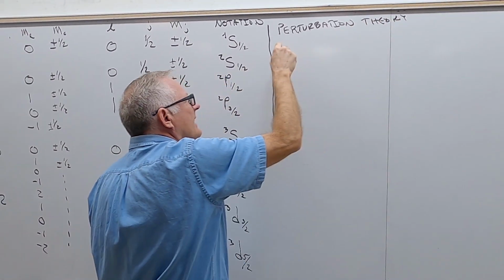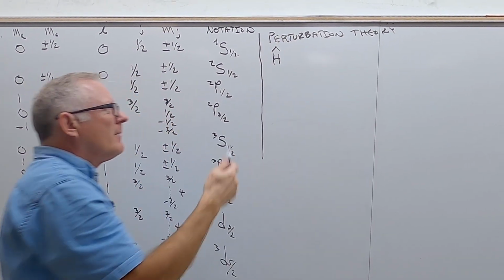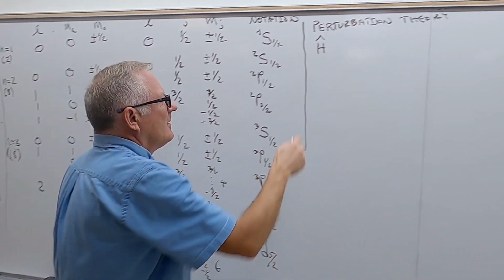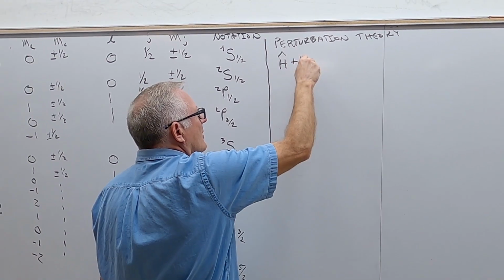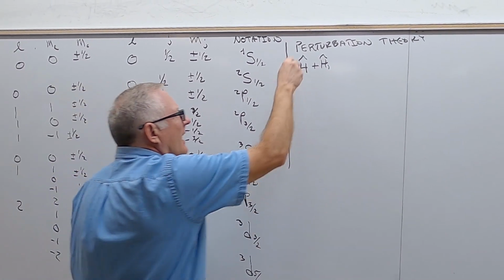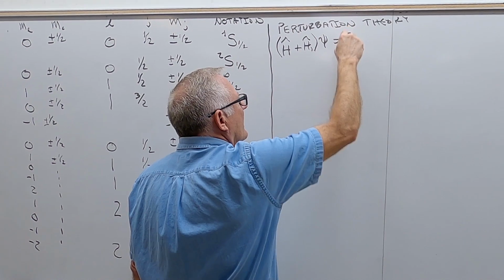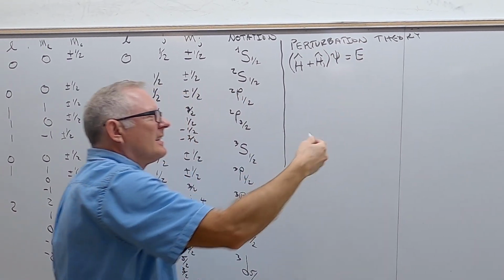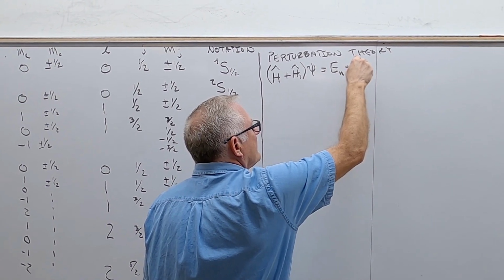When you're changing the Hamiltonian, which is H, and you're adding a minor change to it, plus, say, some H1, where this is a small effect right here. And when you're operating on your psi equals E, now your E is a little bit different. It's what it used to be, plus some delta E.